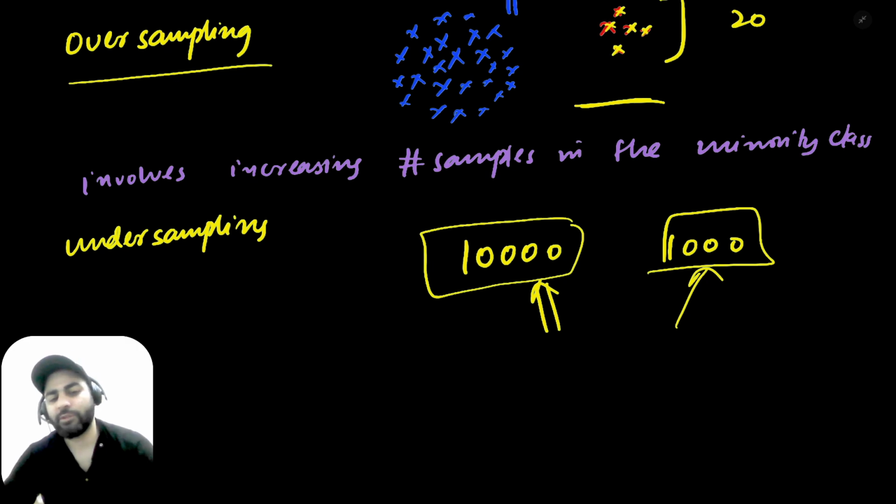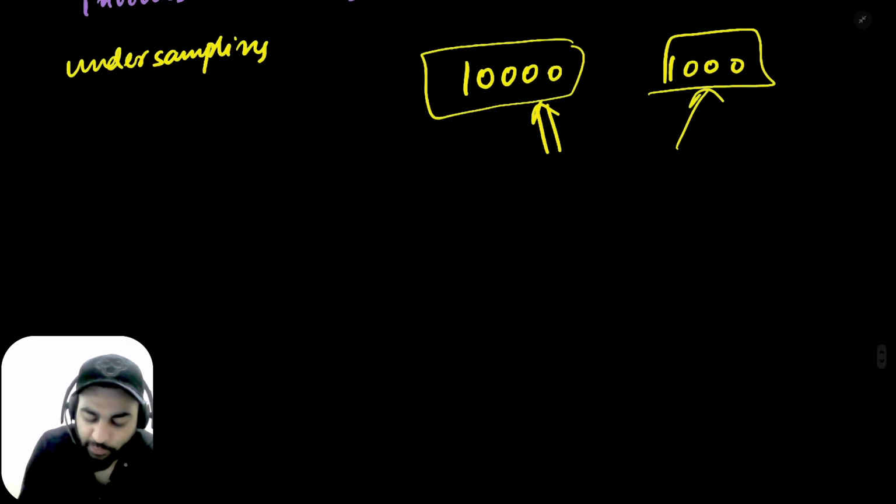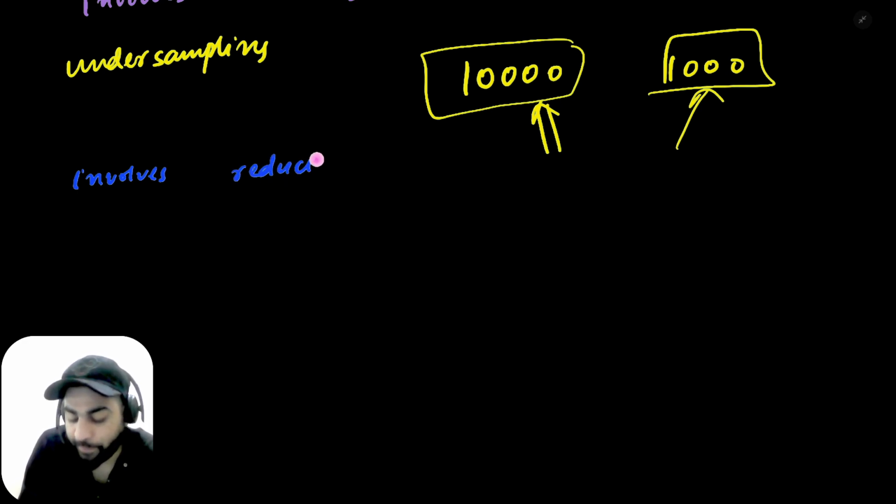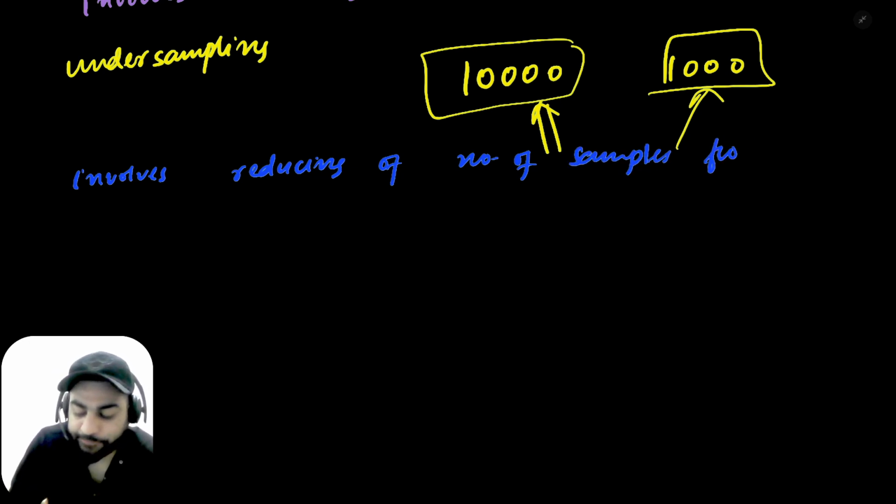So undersampling involves reducing the number of samples from the majority class.